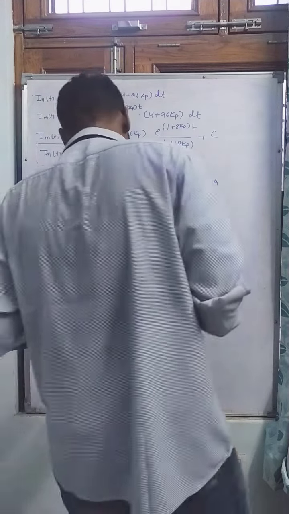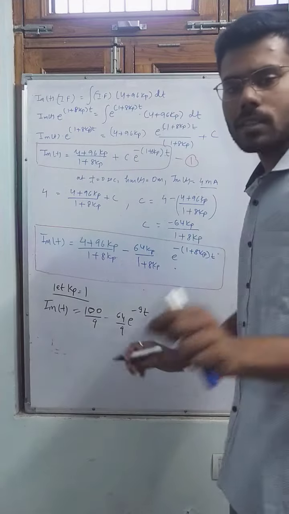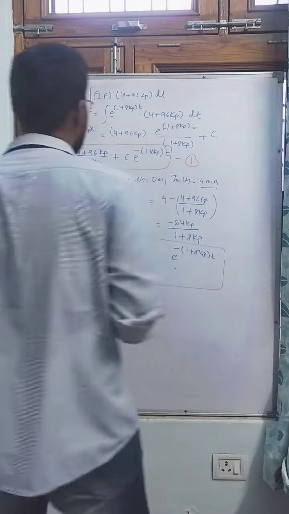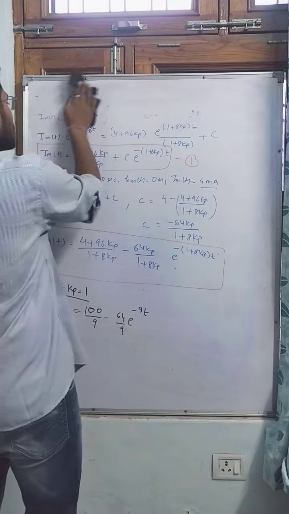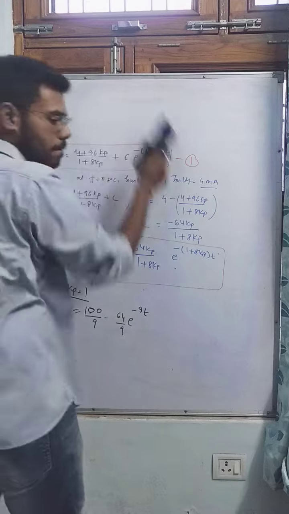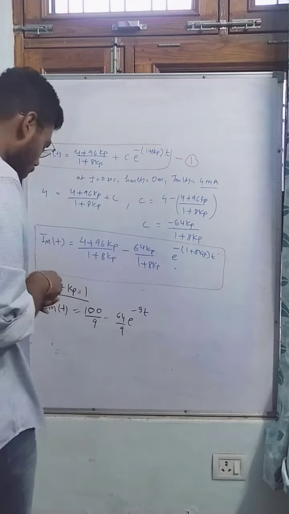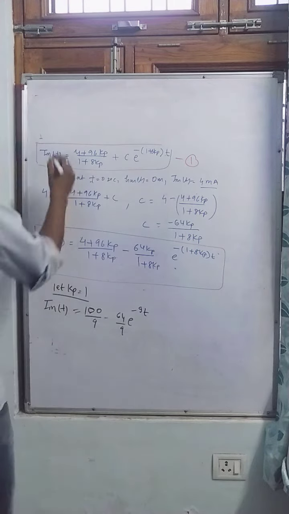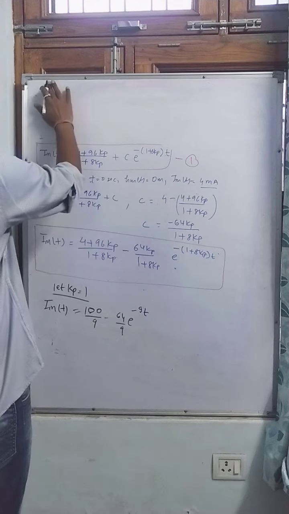Fine. So I am considering different times. Okay. Let me erase the upper part. Fine. Now we will find at t equal to 0.